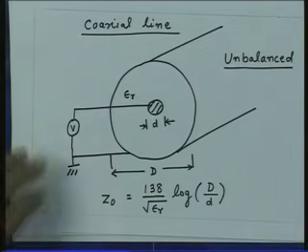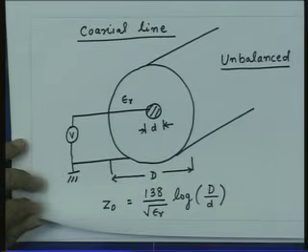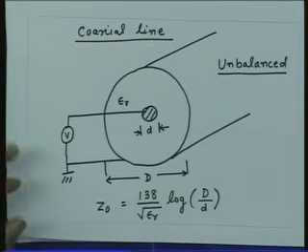So, in practice you see both kinds of lines, the balanced lines and unbalanced lines, and whenever we make a connection between the balanced and unbalanced lines, two things are to be seen. One is of course the impedance has to be matched, so that there is no reflection from the junction.